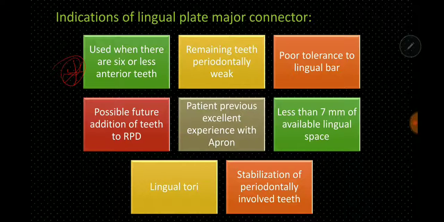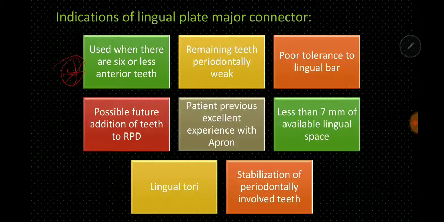If there's a possibility of future addition of teeth to an RPD, then a lingual plate is good because you have a chance of adding some acrylic on the lingual plate and adding some teeth if the patient ends up missing some anterior teeth.